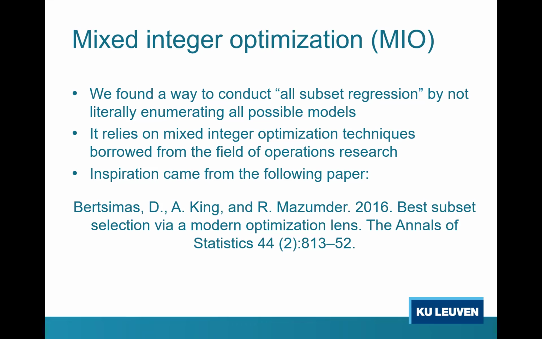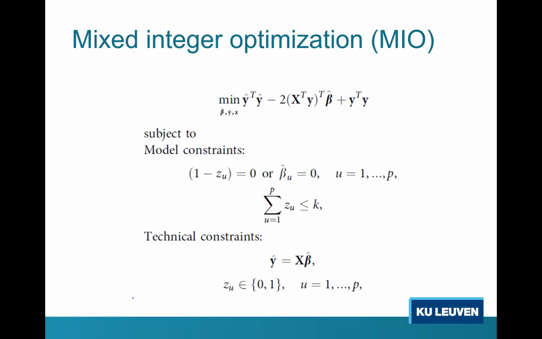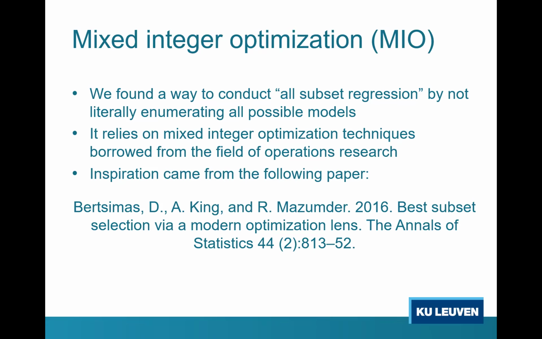Where did the inspiration to do that come from? Well, in the Annals of Statistics ten years ago now, there was a paper by Bertsimas, King, and Mazumder about best subset selection through a modern optimization lens. We basically took their approach and tailored it to the typical small experiments that we often observe in industry.